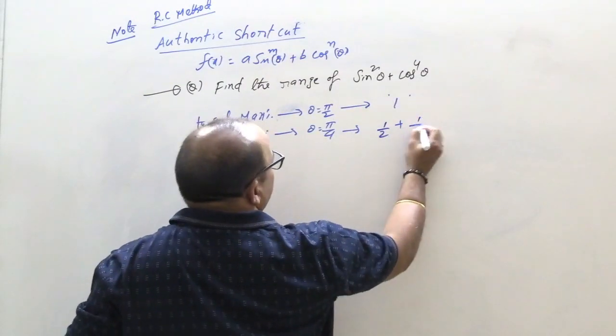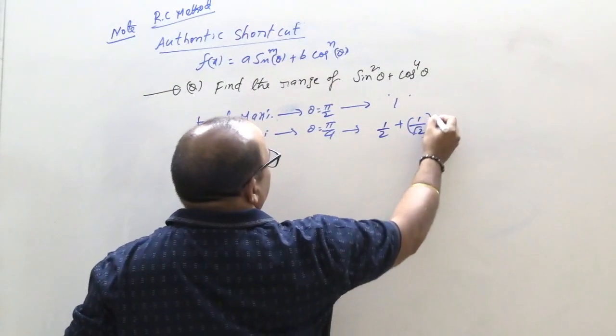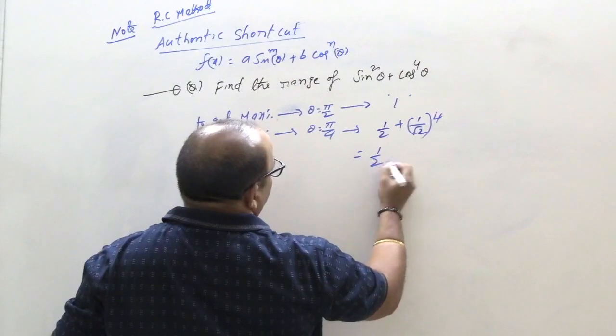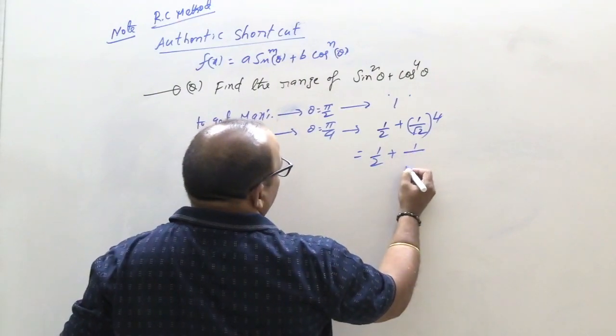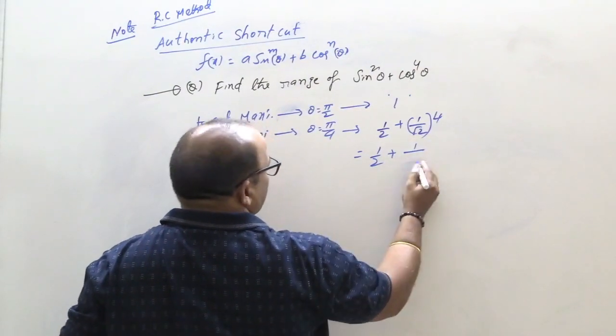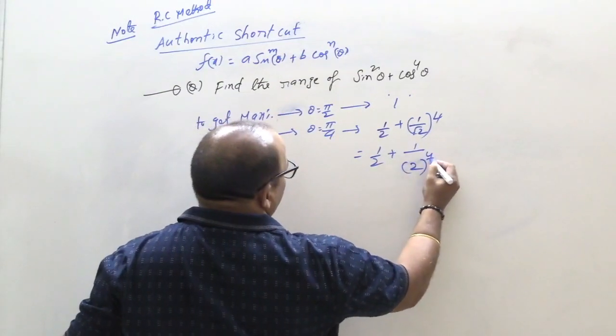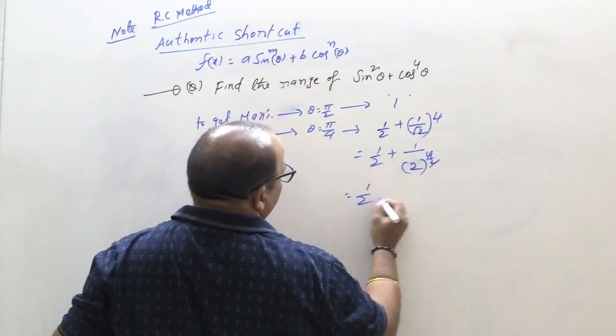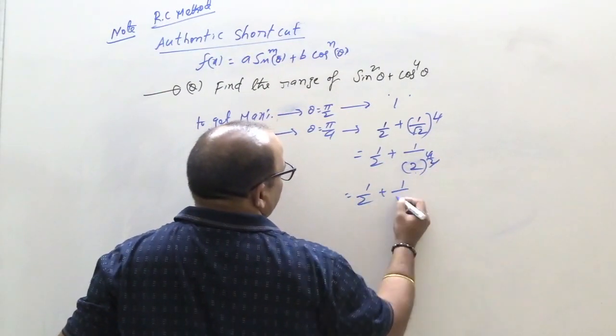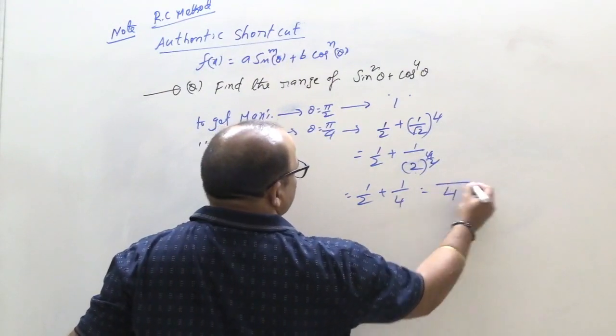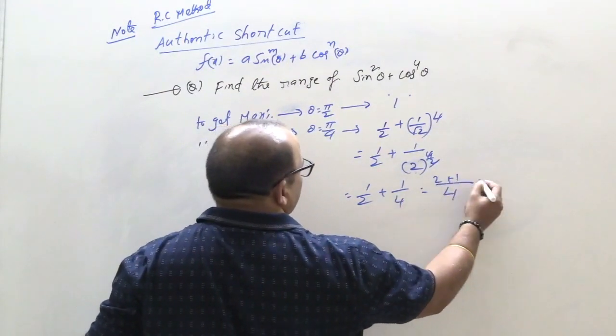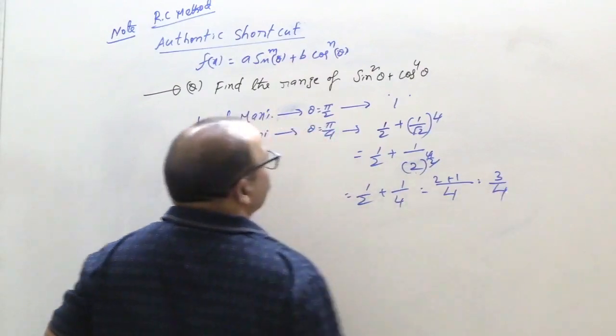Next, cos pi by 4 is also 1 by root 2, but it is a power 4. So 1 by 2, this can be written as 2 power 4 by 2. This gets cancelled. So 1 by 2 plus 1 by 4. Take out LCM 4, students: 2 plus 1, so 3 by 4.